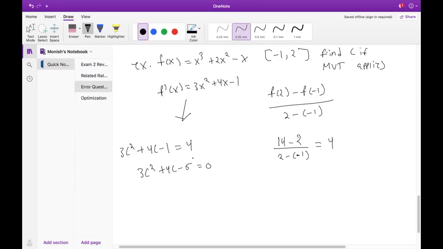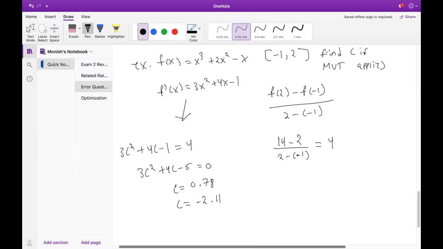And then for this one, I chose a problem you can't factor on accident. So if you use a calculator or something and solve for c, or use the quadratic formula, whatever, you get c is 0.78, and you get c is equal to -2.11.